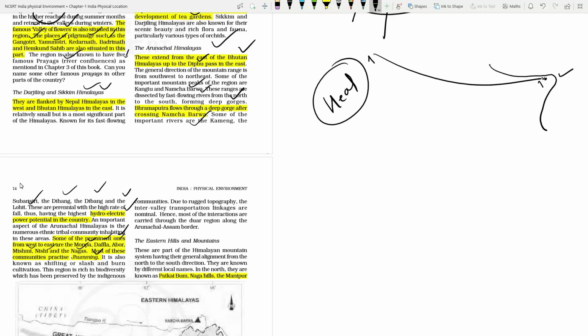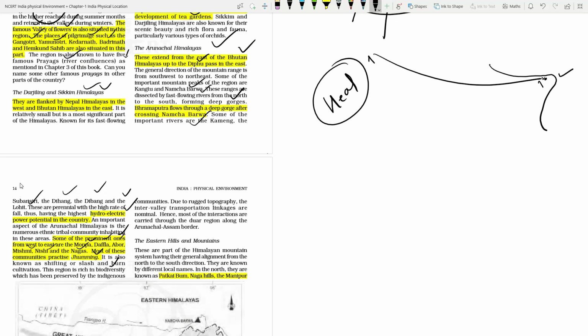What they do, they slash down the trees and then they burn the trees. Then they do agriculture there. Then after that they leave that place. Again they will cut the trees. So that's why it is hurtful for the biodiversity, as those indigenous communities are doing such kinds of practices.